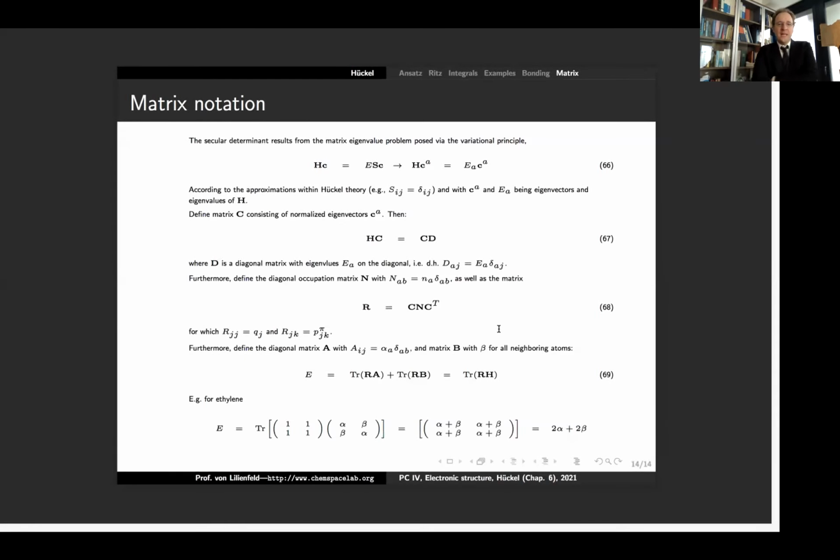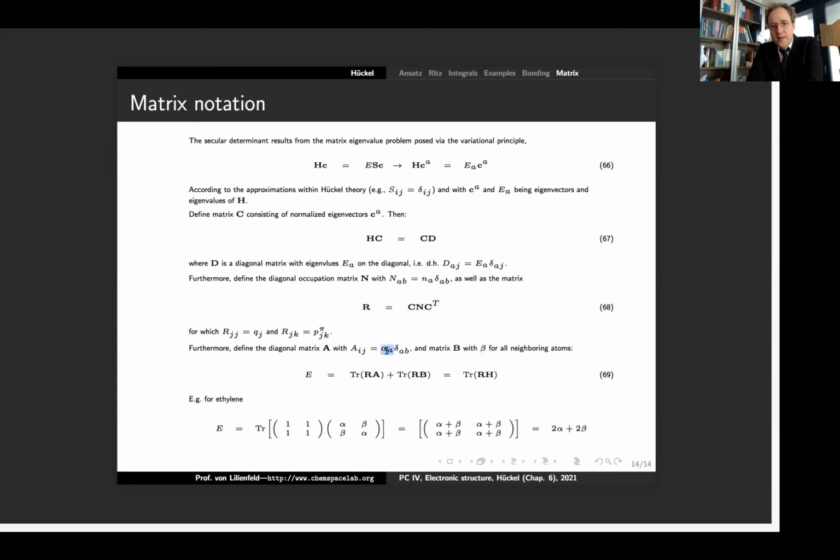And then we can define a diagonal matrix A, right, where on the A we put our alpha coefficients, and a matrix B where on B we put our beta coefficients.